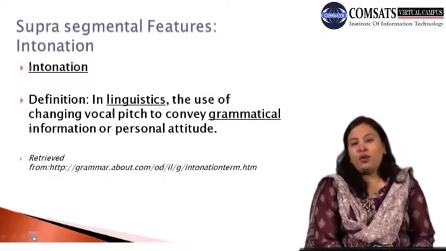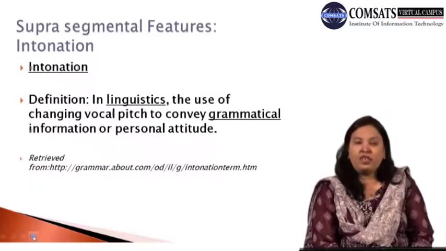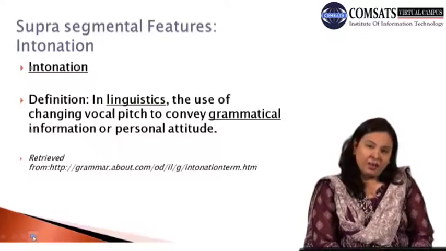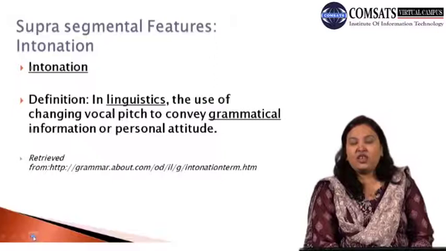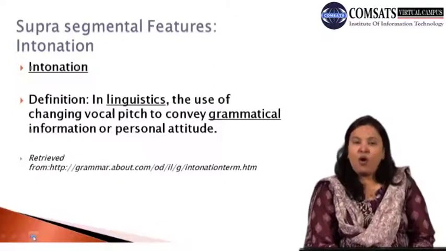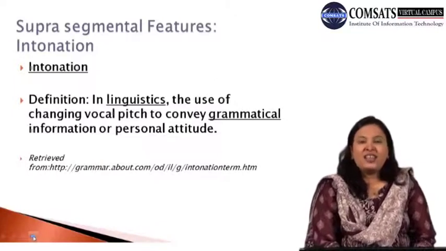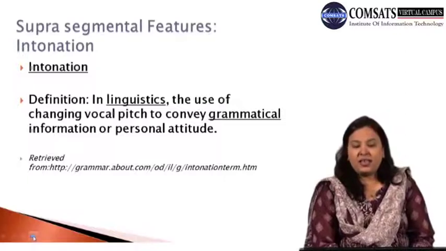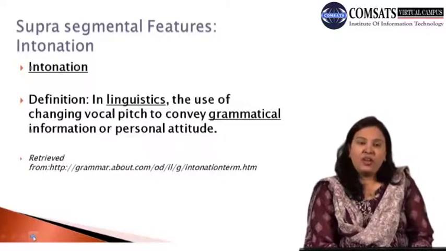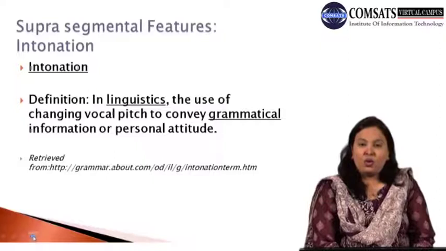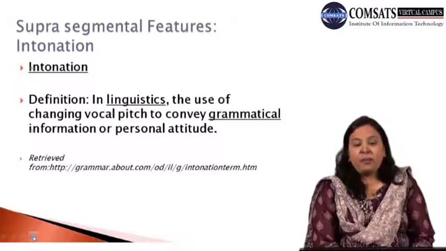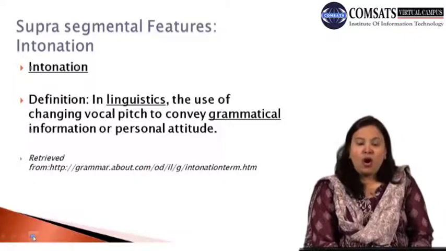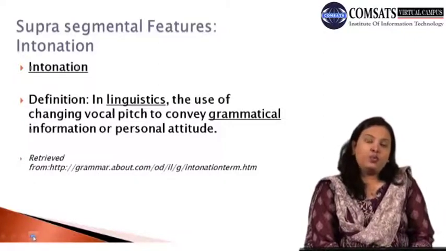As we are discussing the suprasegmental features of language, another suprasegmental feature of language is intonation. Intonation is actually the rise and fall of the pitch while saying certain words or sentences. The exact definition of intonation in linguistics is the use of changing vocal pitch to convey grammatical information or personal attitude.